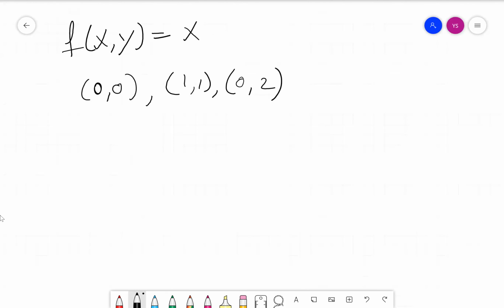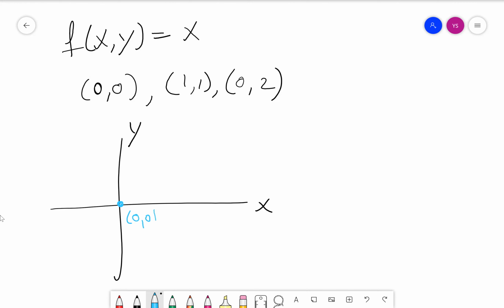So how do we do this? Well, let's set up our domain. Here's our x, here's our y. This is (0, 0). This point over here is the point (1, 1). And this point over here is the point (2, 0).